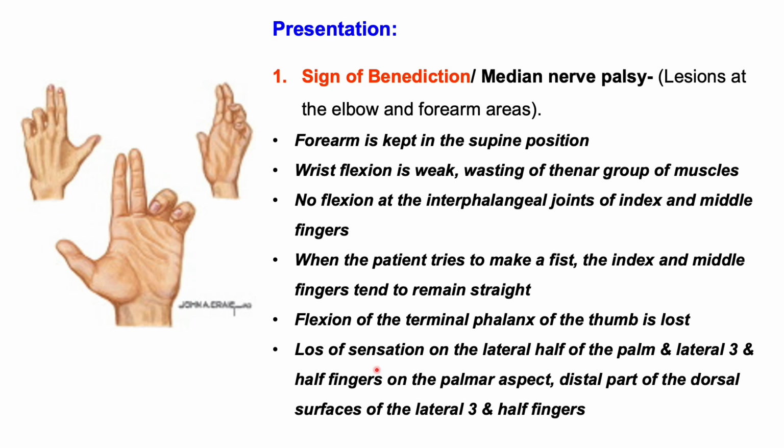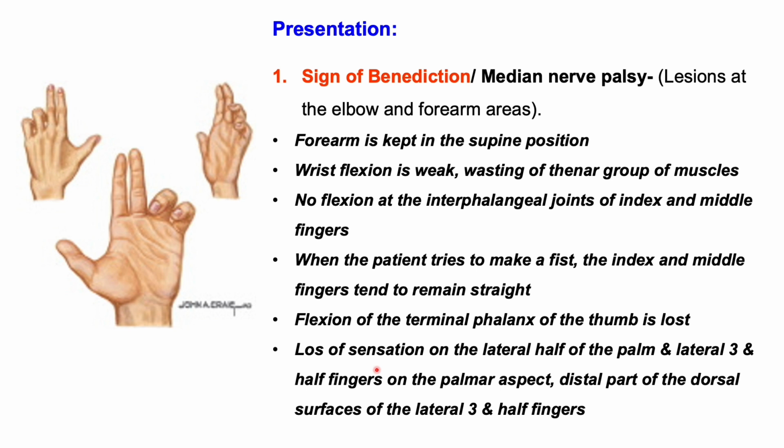Now imagine that the median nerve is not affected anywhere in the elbow joint or in the pronator teres area, but there is an injury anywhere in the forearm region affecting the anterior interosseous nerve.